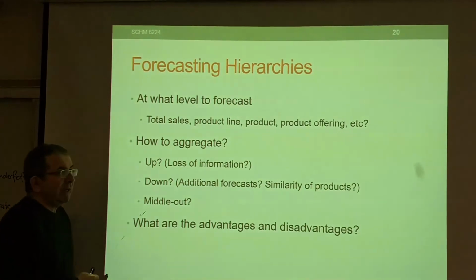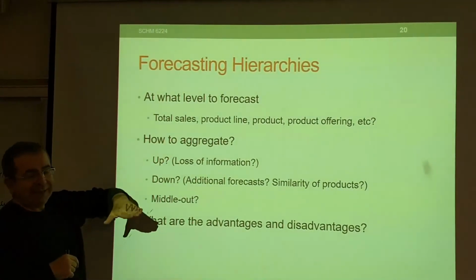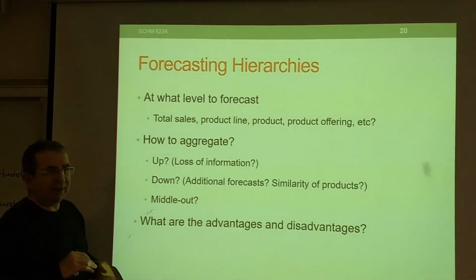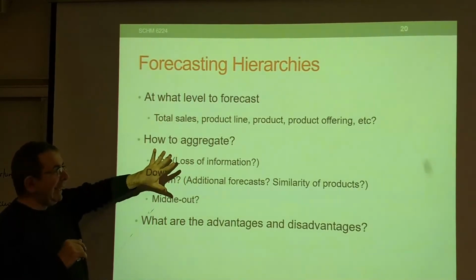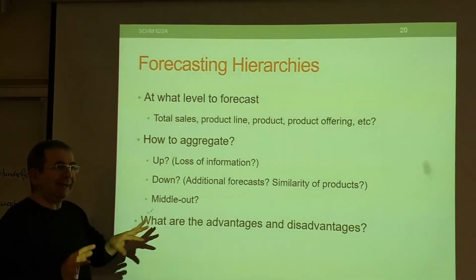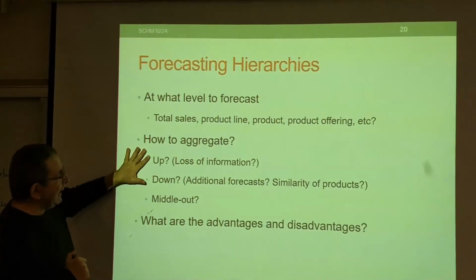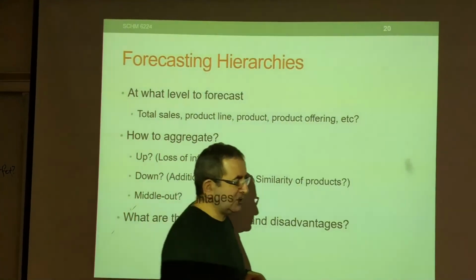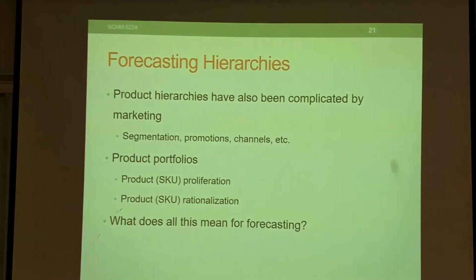You cannot say it's always better to start at the top. You can never say it's always better to start at the bottom. It depends on these trade-offs, and you need to look at your own data, at your own company, at your own decision-making process, and each of these have their advantages and disadvantages.